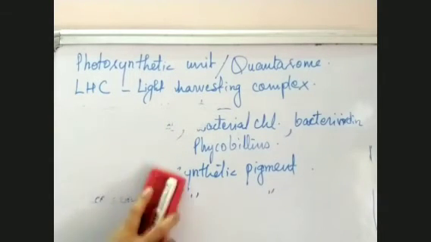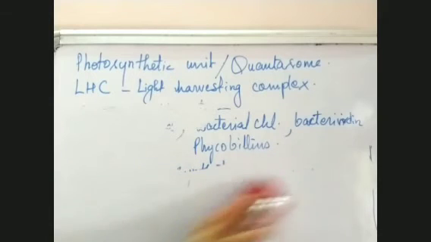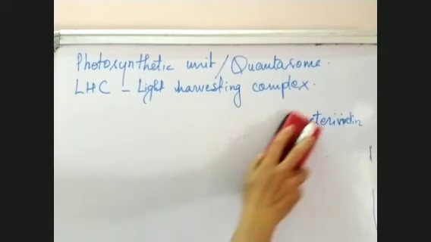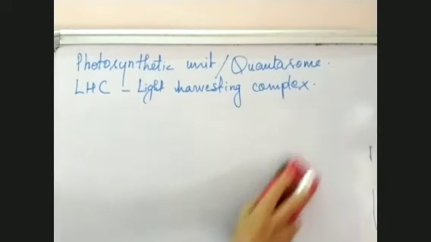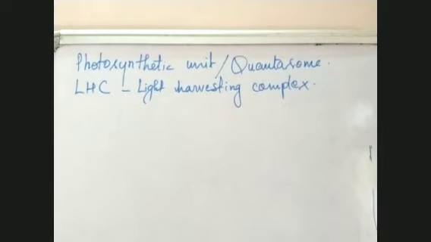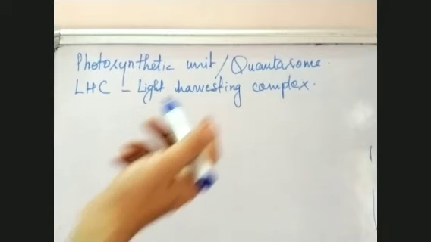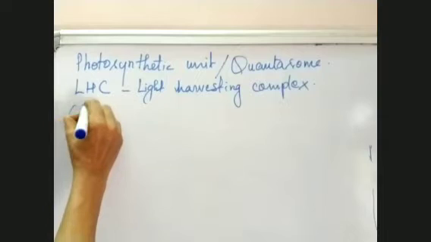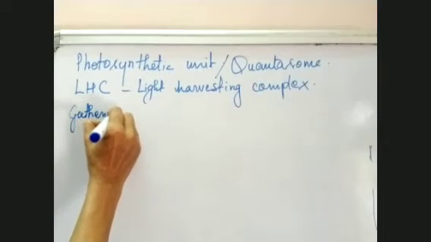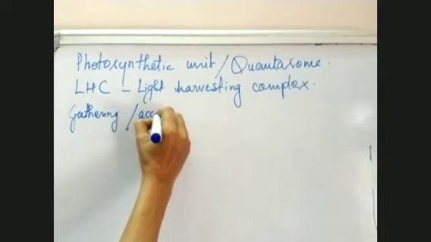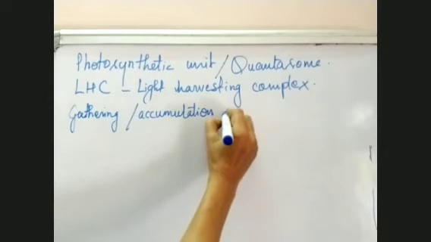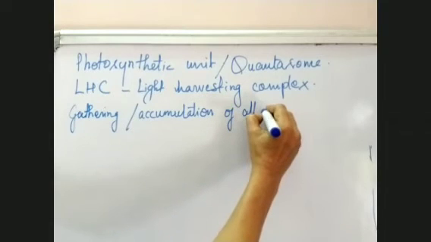So now, let's come to the light harvesting complex, or photosynthetic unit, or quantosome. Basically, a quantosome or photosynthetic unit is a collection, a gathering or accumulation of all photosynthetic pigments.